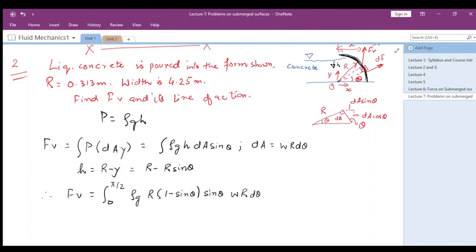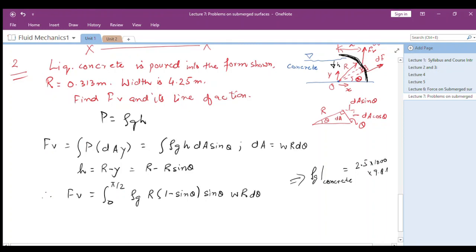Now that's what this is. Just as a side note, for concrete, if you are solving a problem and it is given to you in an exam, then these are some things which would be given to you. If not, then you can assume them. This is something around 2.5 into 1000 into 9.81.